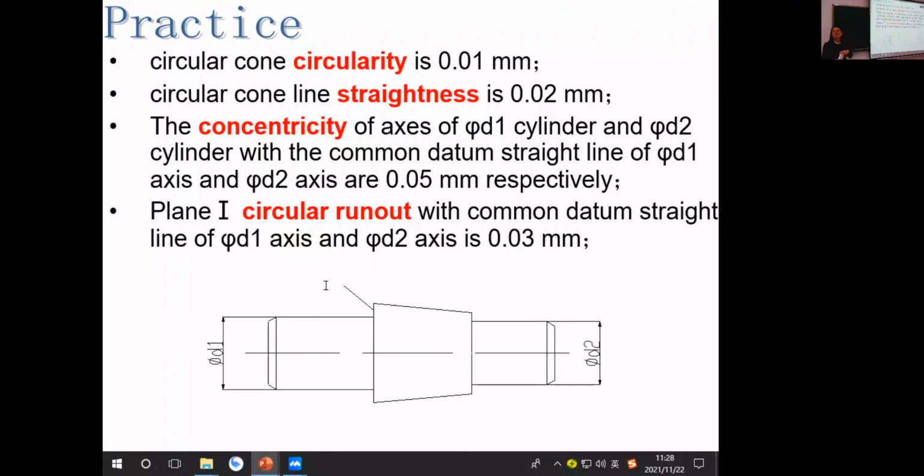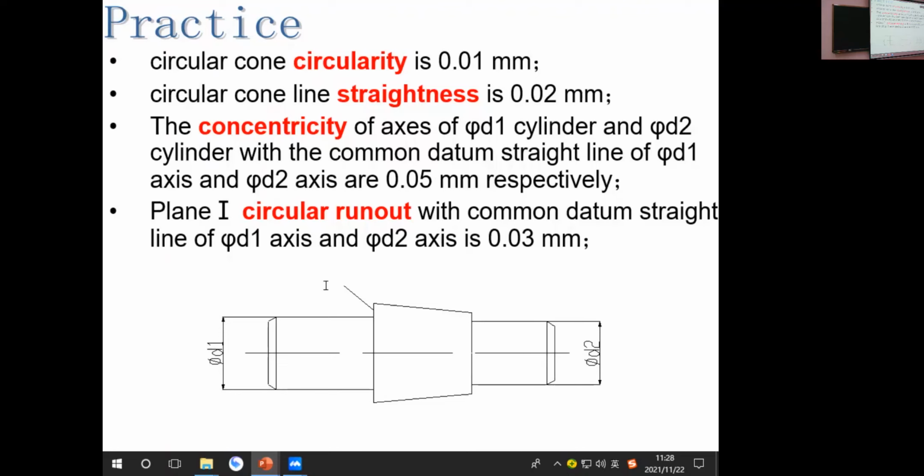I want to ask, is the circular form here or here? We can give names to this one, A, B, we can.